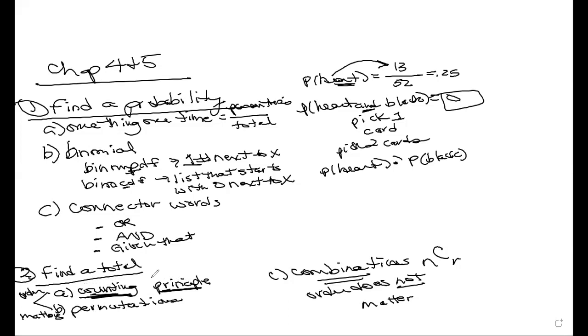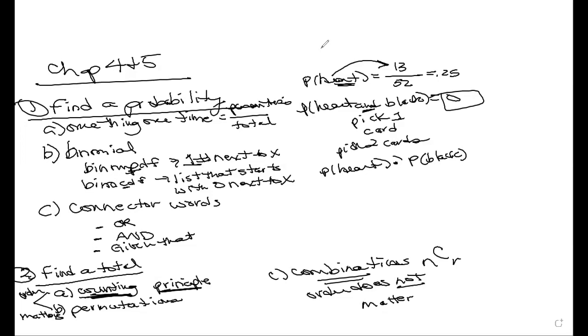So you never have to actually use permutations if you don't want to. If order matters, grab the counting principle. If order does not matter, then go use combinations. Okay? So that's two of your questions that you need out of chapters 4 and 5. All right, let me clear that.